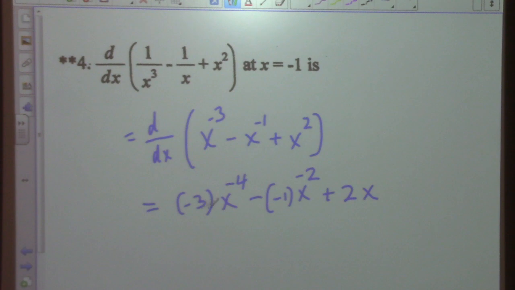And then we just simplify from here, so that's going to be equal to -3 over x to the 4th power, plus, those pluses cancel each other, 1 over x squared plus 2x. All right? So that's going to be it.